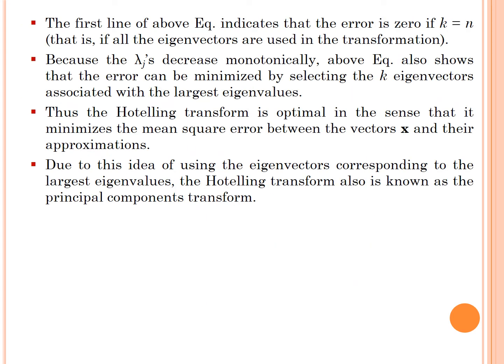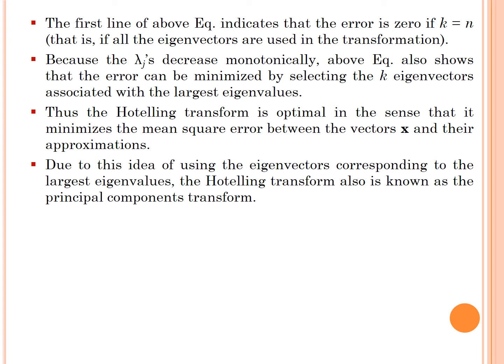The first line of the above equation indicates that the error is 0 if K is equal to n, that is, if all the eigenvectors are used in the transformation. Because the lambda_j's decrease monotonically, the above equation also shows that the error can be minimized by selecting the K eigenvectors associated with the largest eigenvalues.